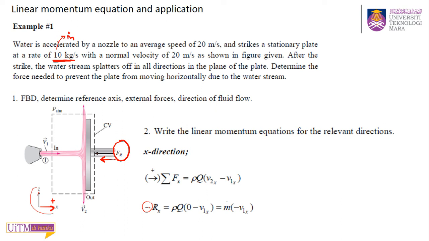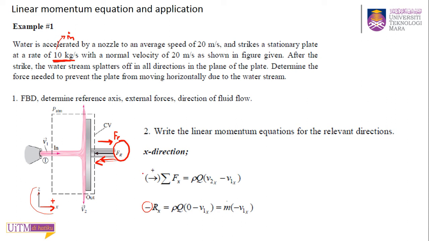That's why it's minus Rx. If they assume to the right, macam ni, FR, then you don't need to put minus lah, but logically the FR should be acting to the left hand in order to make sure this plane surface is not moving. That's why they put minus Rx equal to, only one term je in terms of force, there's no other term.